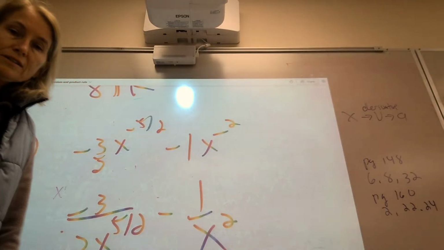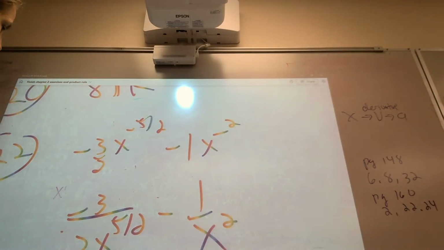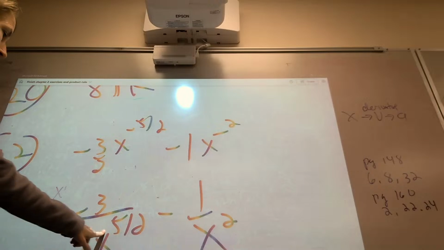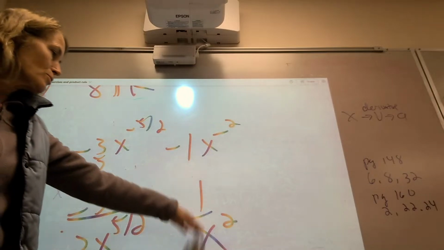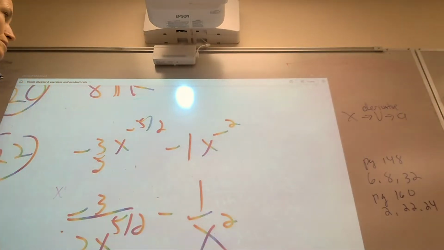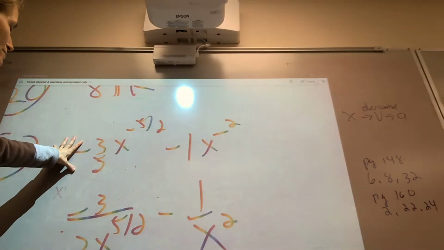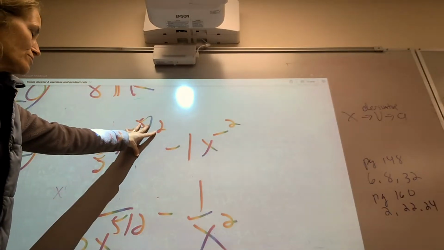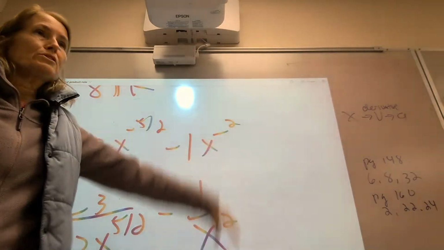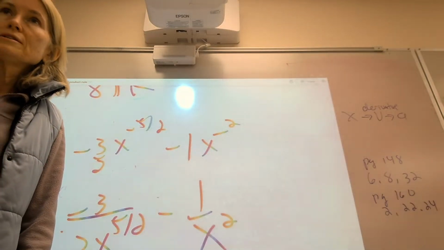Okay, it should be this. So negative 3/2 x to the 5/2 minus 1 over x squared. So we brought down our minus 3/2, subtracted 1, got minus 5/2, brought down the negative 1, subtracted 1, got negative 2.